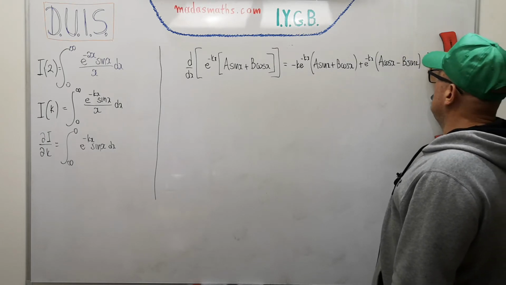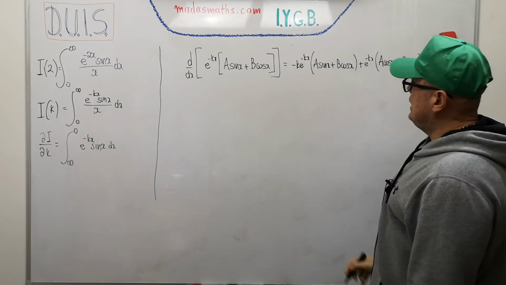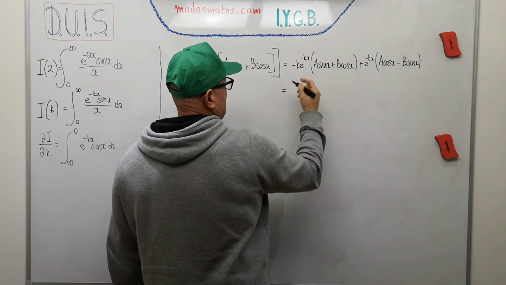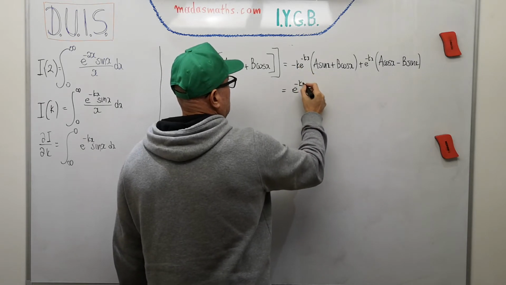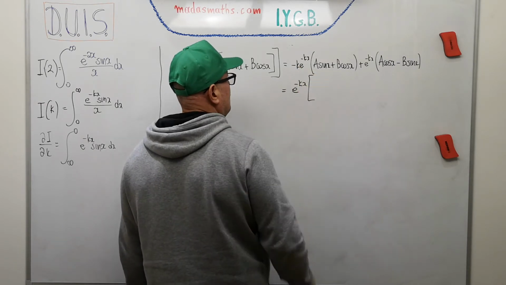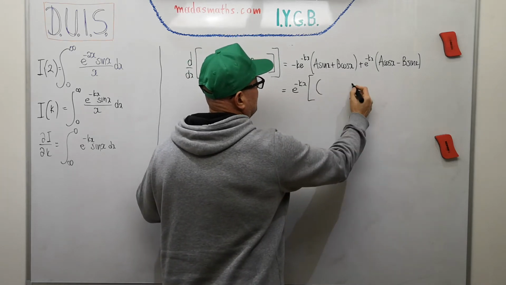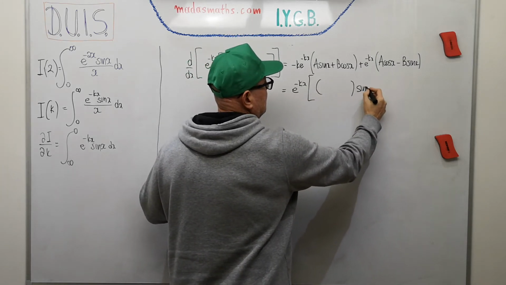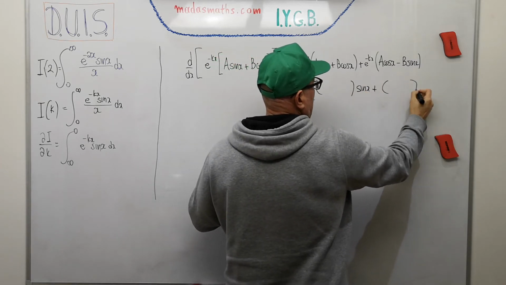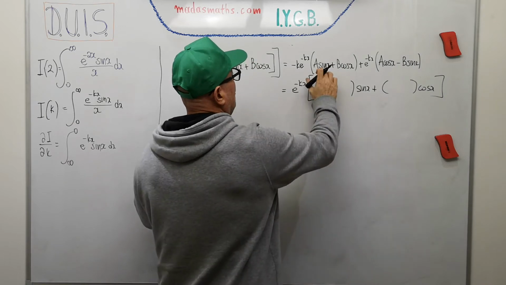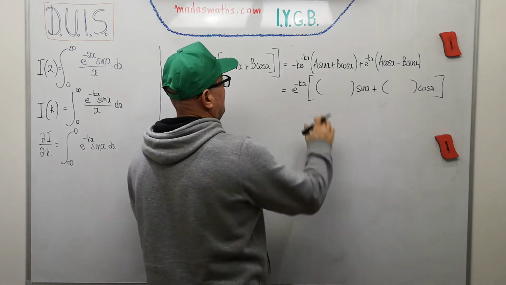And now I'm going to do a little bit of a tidy for this particular one. So what I'm going to do, factorize the exponential out, e to the minus kx, put a square bracket, collect all my sine terms. So sine terms, it's going to be something sine x plus something cos x. So sines is very, very ugly still.